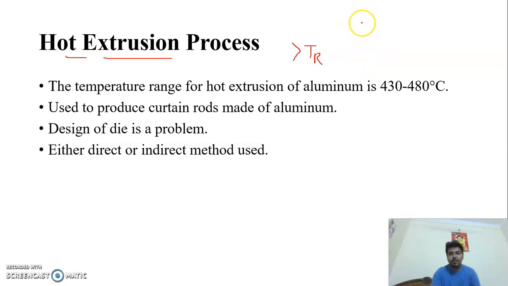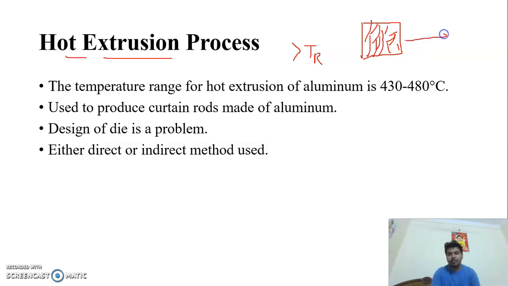Recrystallization temperature is when the metal has irregular-shaped grains, then we have to make the grains of regular size and shape, and we get a uniform grain product.